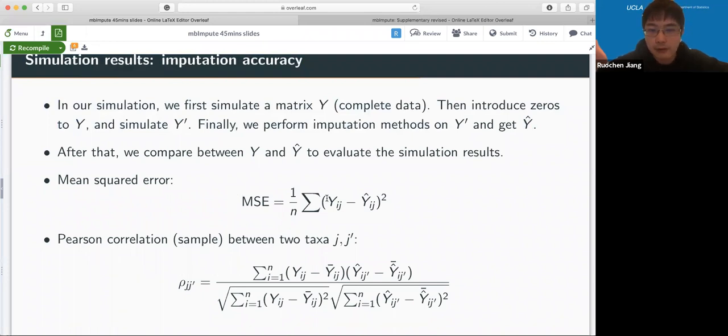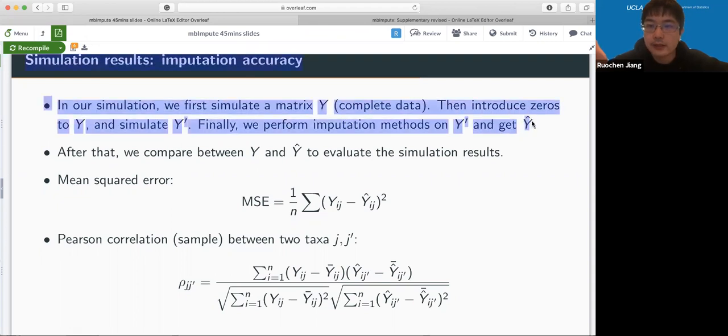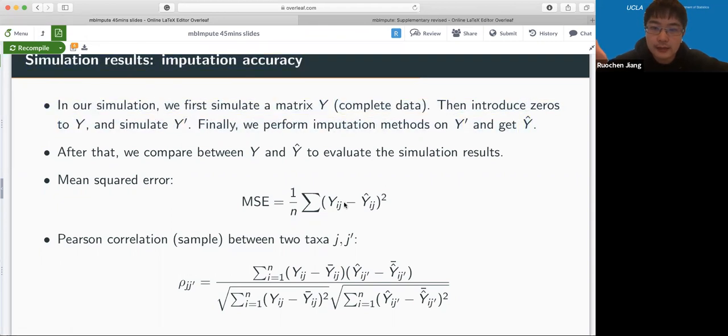The mean squared error is defined as follows. You can think of Y as a matrix, and Y hat is a matrix of the same dimension as Y. For each entry, we measure the squared difference between the two matrices, and we average it by the total number of entries.